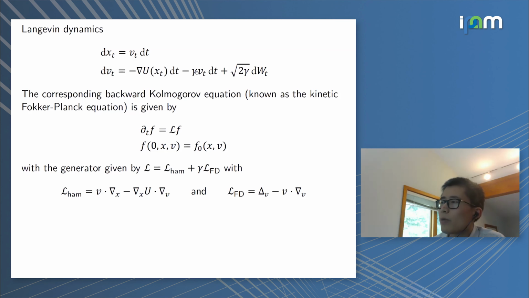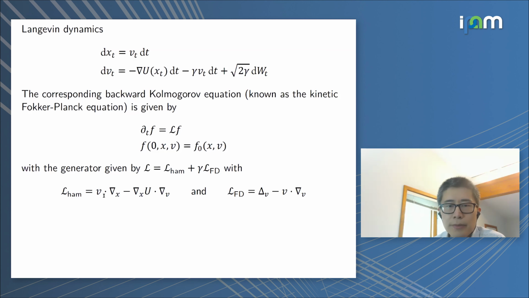Now you see why I scaled these parameters in this way: the fluctuation-dissipation part has this operator, which is like an OU process in the velocity variable, times the parameter gamma. So if you scale in this way, naturally gamma stands out here. And then you also have the Hamiltonian part, which is the usual generator for the Hamiltonian dynamics.